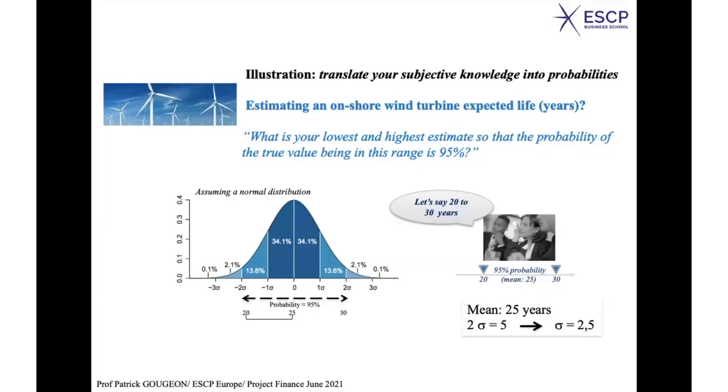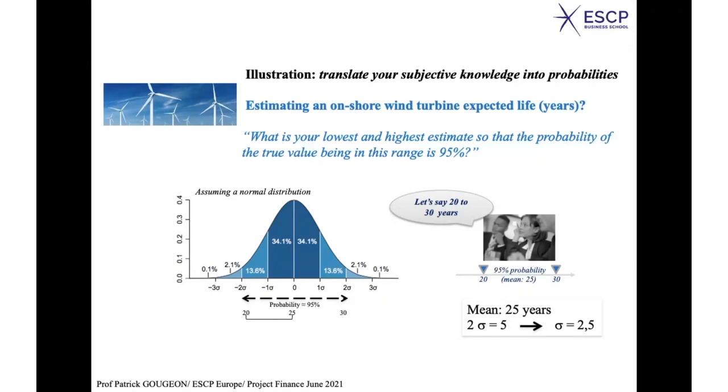In other words, if your estimate is that there is a 95% chance that the expected life of the turbine is between 20 and 30 years, it means that implicitly, if you assume a normal distribution, and subjectively it's very common to assume a normal distribution, you assume a distribution which is centered on 25 years with a standard deviation of 2.5.